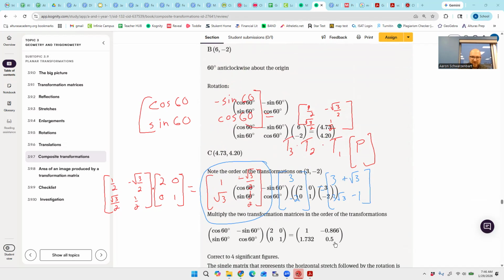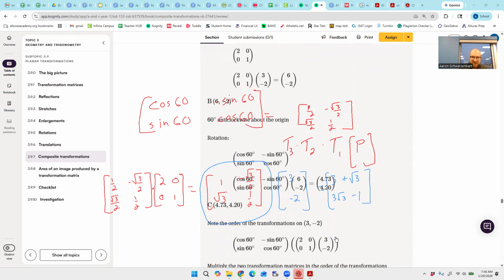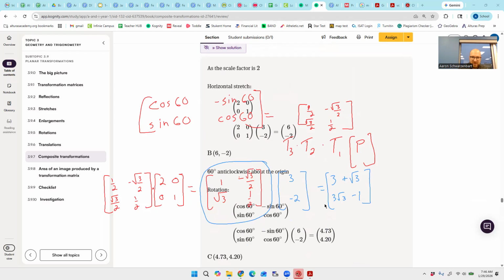My transformation matrix is right. My point, 3 plus square root of 3, that's correct. 3 square root of 3 minus 1, I'm sure that's right as well. And you could check any of these with the calculator. They apparently just multiplied with the calculator.